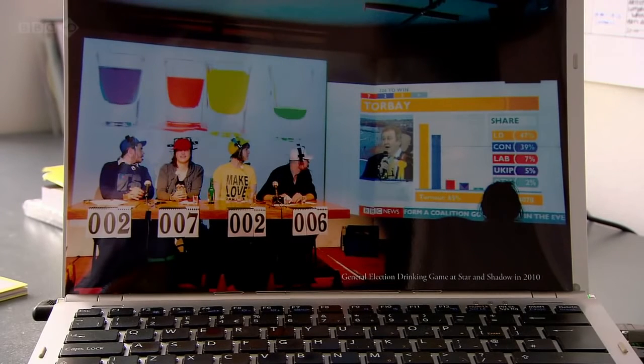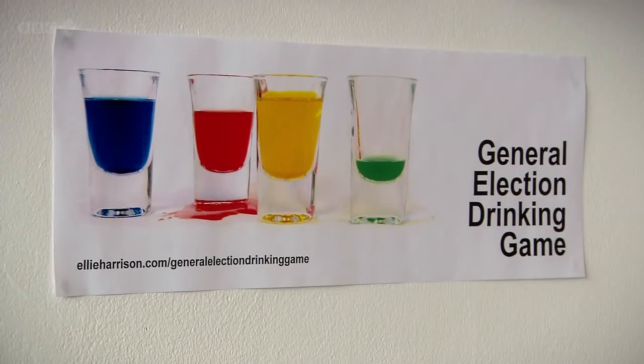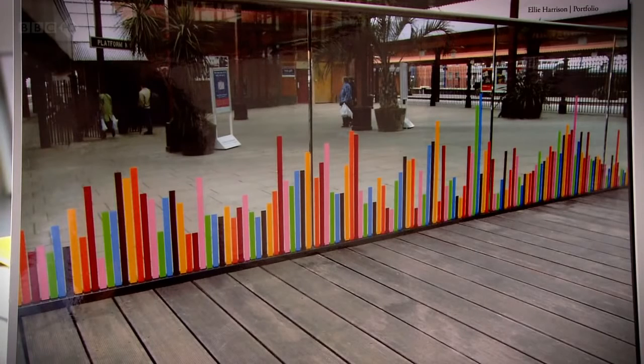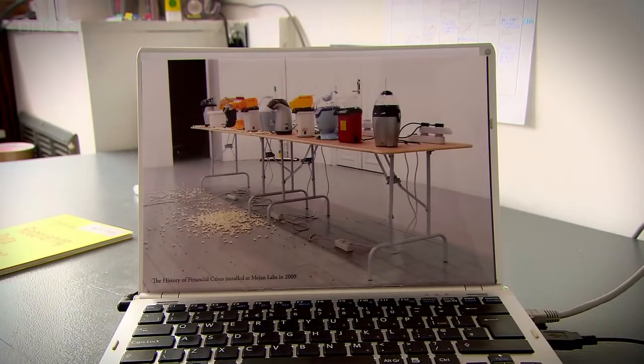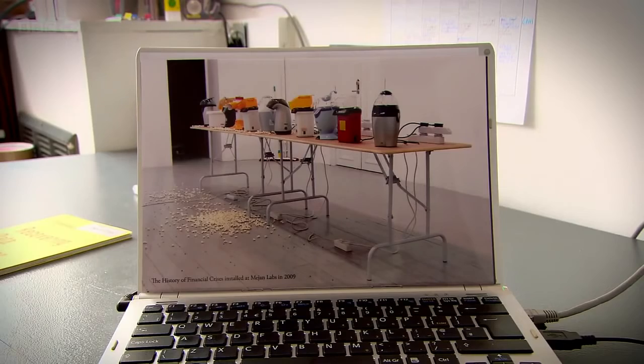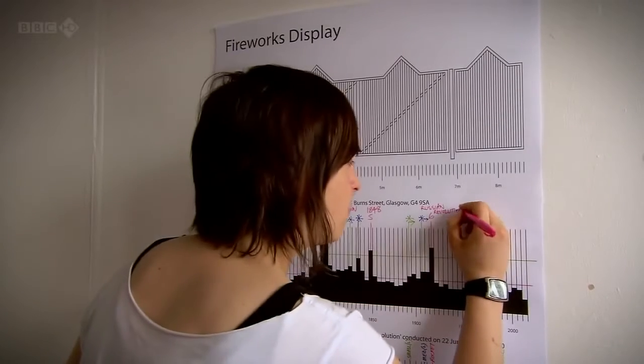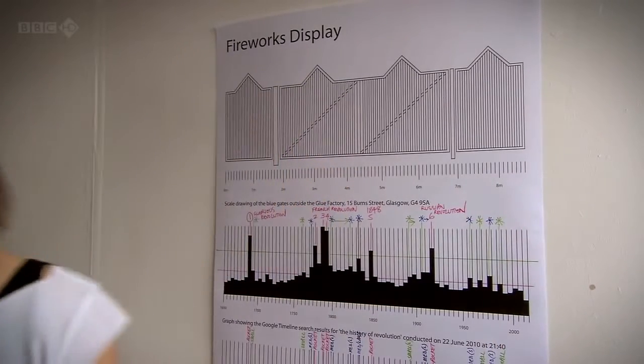Ellie Harrison is an artist who, like Florence Nightingale, is fascinated by translating information into compelling images. And she has the same objective: to grab people's attention with a surprising idea, and having got it, to make them think.